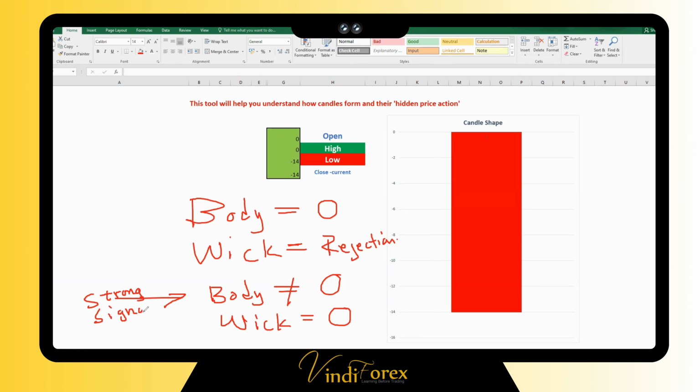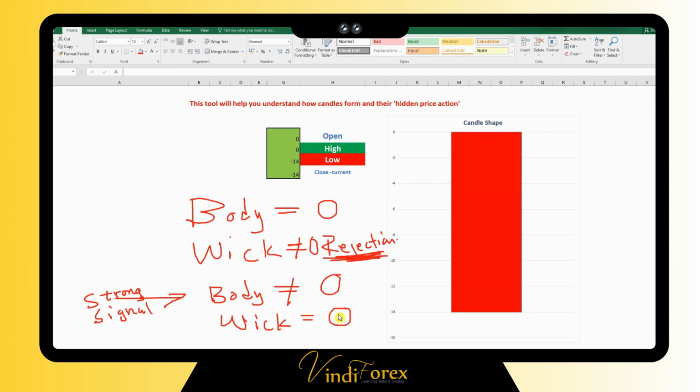Let me give you those scenarios. I used conditional statements here to say the body is equal to 0, meaning that there's no body, and then the wick is not 0, meaning there's a wick, then there's a rejection. Okay, the zero body was rejected. It's easy. The one that is zero failed to keep up. If the wick is zero, it failed to keep up.